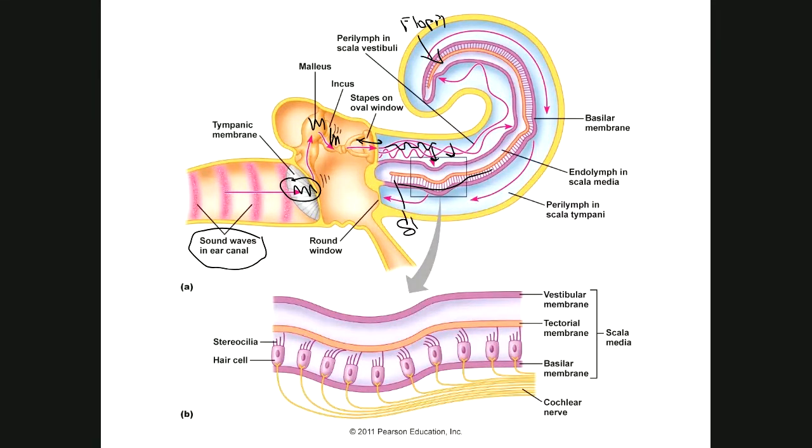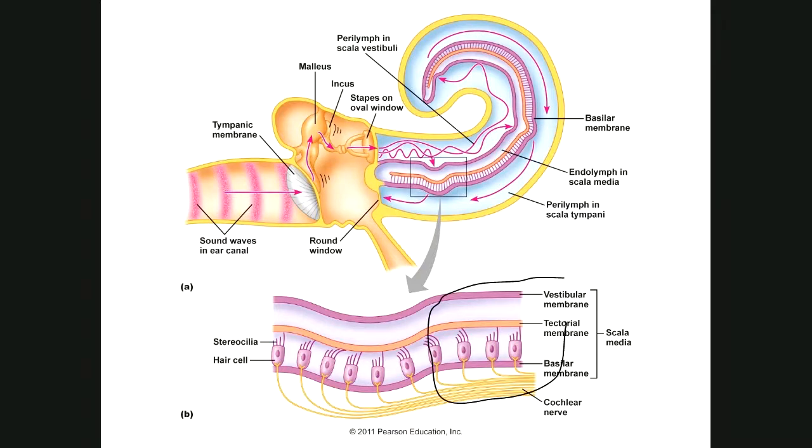And so, look what it looks like. Here's the membrane. Nothing happened here. This is not moving. Over here, not moving. The only place that's moving is right here. Well, embedded all along this membrane are these hair cells. So look, they're hair cells. And a hair cell looks like this. It has cilia that stick up.